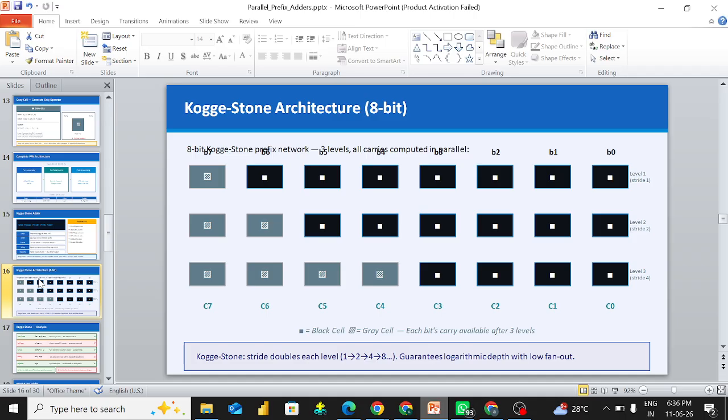So to solve these problems, engineers developed these parallel prefix adders, PPA. Basically the idea is very simple.